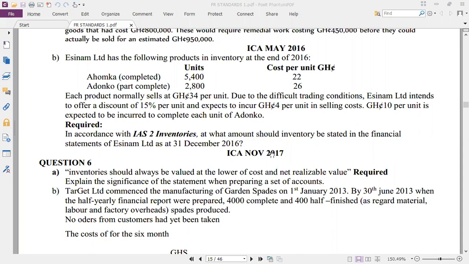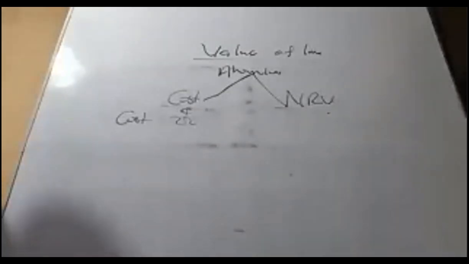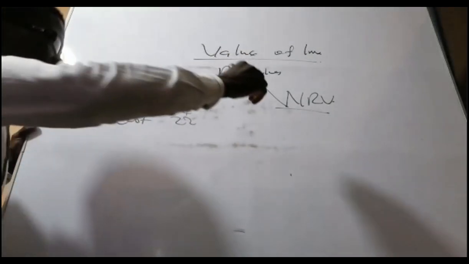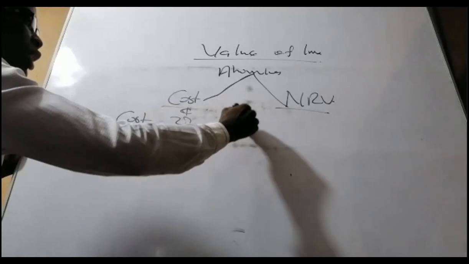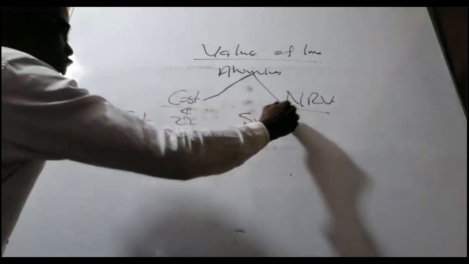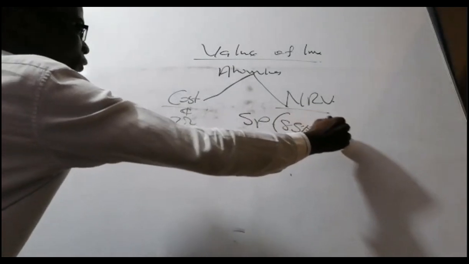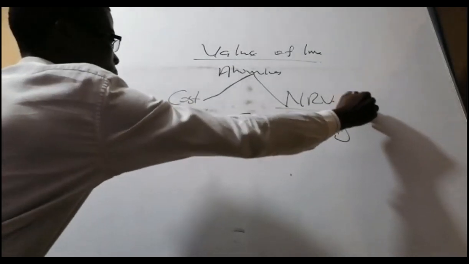Then selling price is 34 cedis. But you can deduct the selling cost from it, that is the discount, and get a net of discount. So for the estimated selling price, I would say 85% times 34, because there's a discount of 15%.